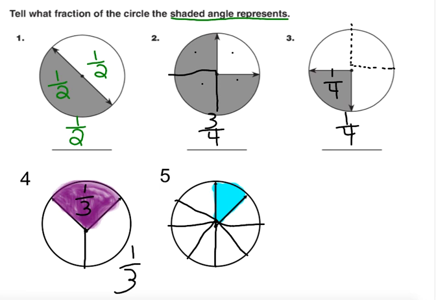Remember, we're trying to make equal parts. So this looks the closest to equal parts. And I count the parts, 1, 2, 3, 4, 5, 6, 7, 8. There's 8 equal parts, and only 1 is shaded. So that is 1/8. So sometimes we have to draw in to make sure that our fraction is correct.